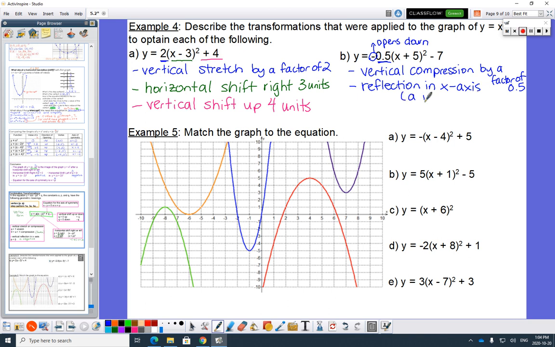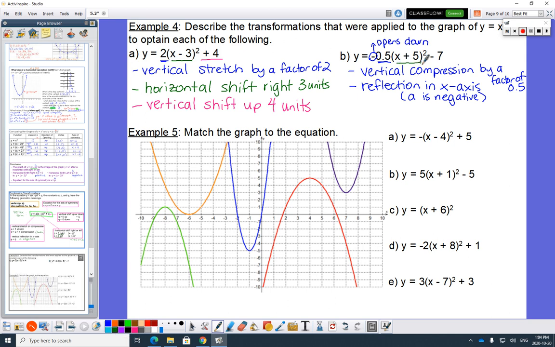So if you want to write a little note, that's because the a is negative. If you're asked to write about the transformations, don't just write opens down, okay? It's a reflection. You're flipping it over the x-axis. That's what that means.